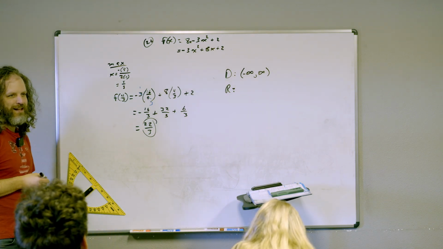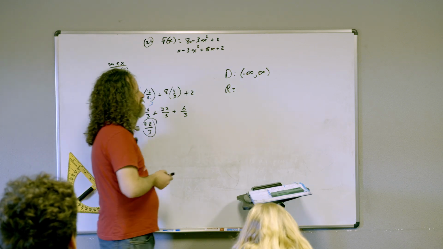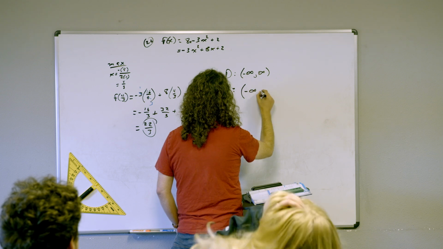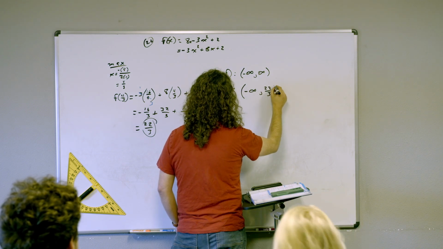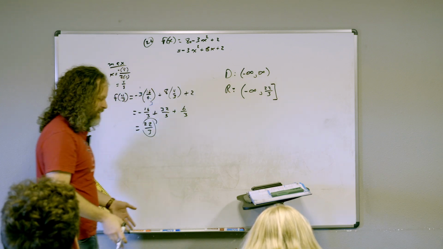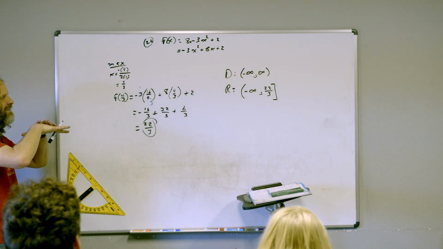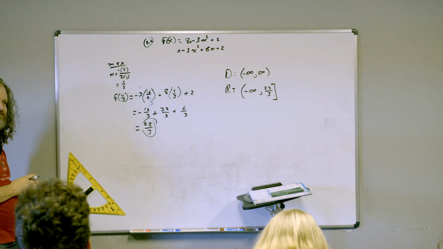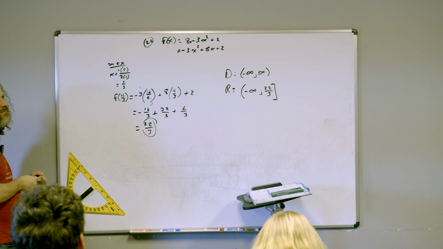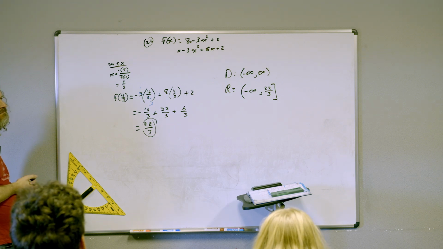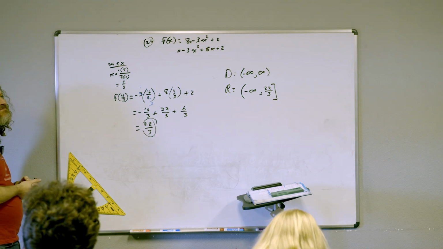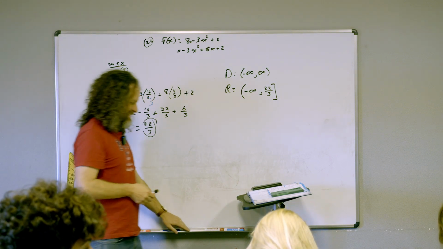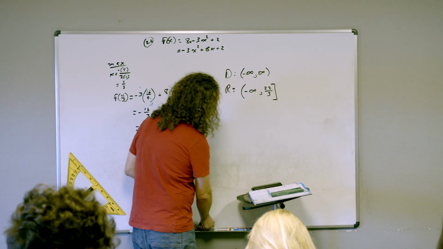How do I write that in interval notation? You do a square bracket and then 22 thirds. Negative infinity to the thing, because it goes from down to there.